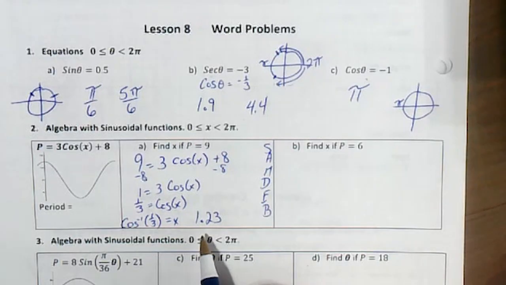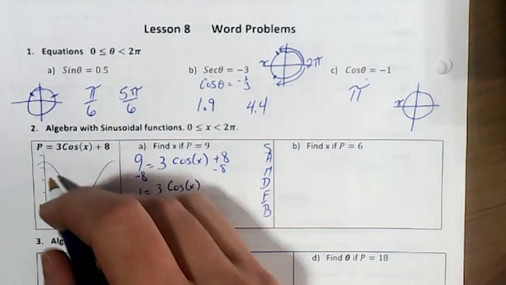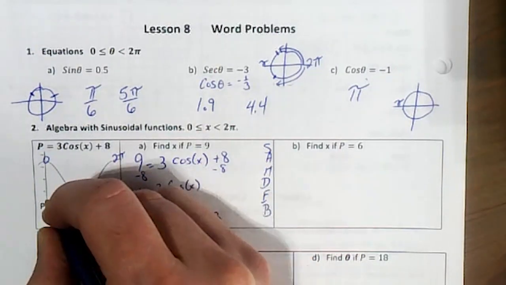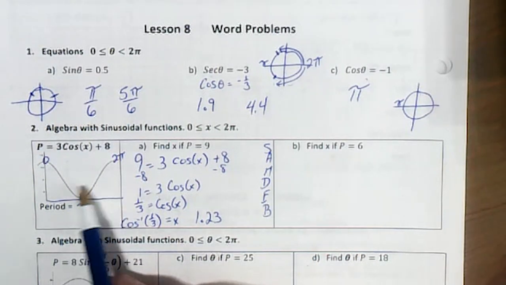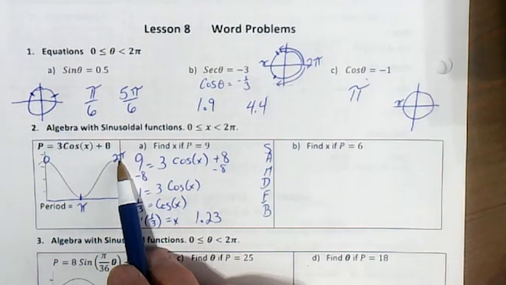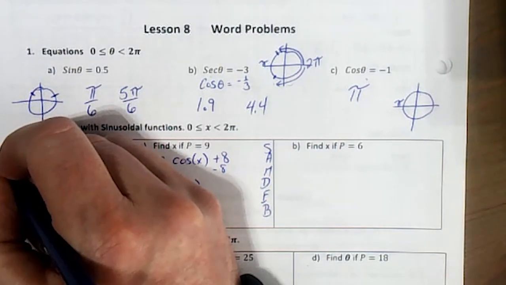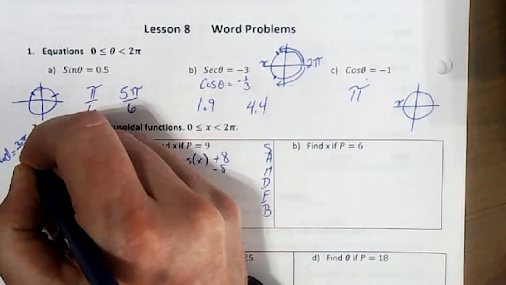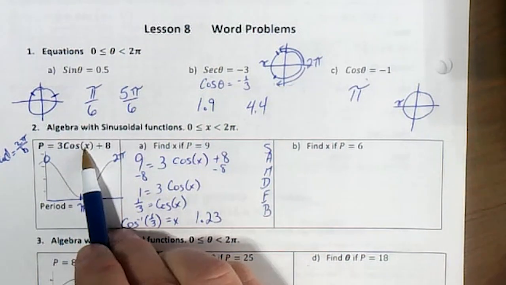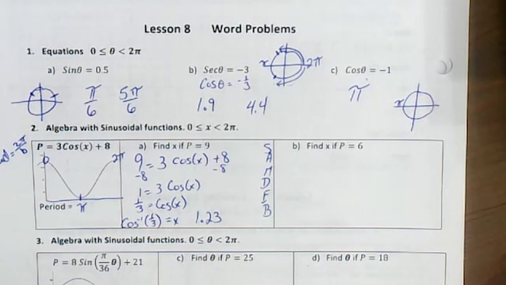Now with this one, 1.23, our period is going to be 0 to 2 pi. If you want to calculate that, in this case, there is no b, it's a 1, so it's just 2 pi divided by 1.